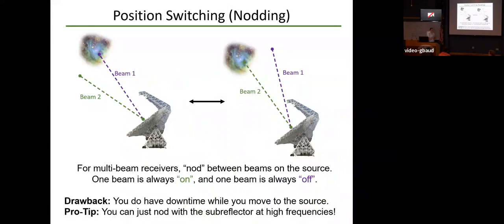Question. I don't know if this is kind of naive, but how off is too off and not off? Yeah, really good question. Because let's say your source is over there. If you say, oh, I want to get off. Oh, I know a good off over there. You're looking at an entirely different part of the sky. You're looking at a different part of the atmosphere. Things could be very different. So usually I've gone a degree or a couple of degrees away.